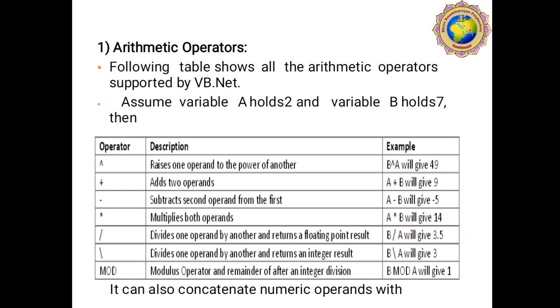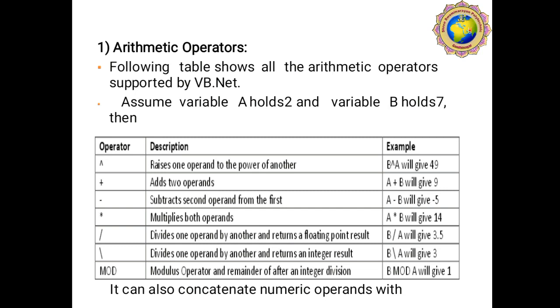Then division divides one operand by another and returns a floating point result. Using B divided by A gives the answer 3.5, which means it returns a floating point result. Then the next operator divides one operand by another and returns an integer result.